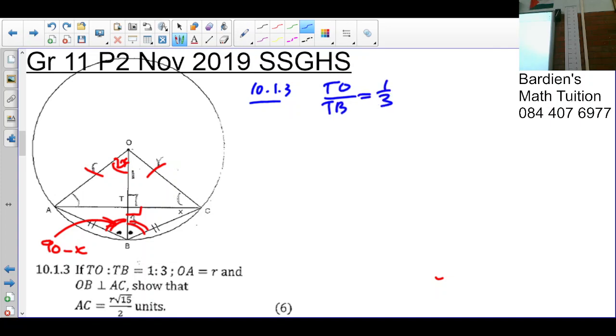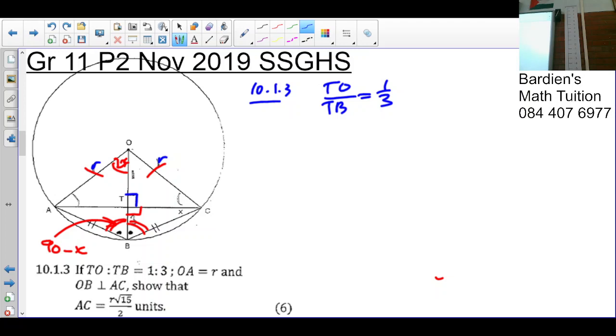Then we are told that OA is equal to R, so that's R and R. And OB is perpendicular to AC. So we already see it's perpendicular. Now they're also telling us it's perpendicular. Show that AC is equal to that thing.